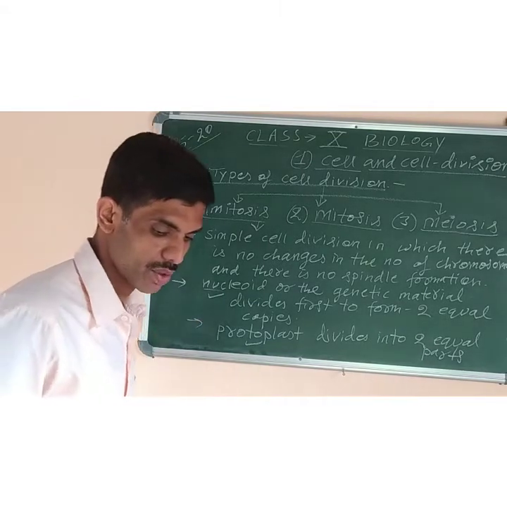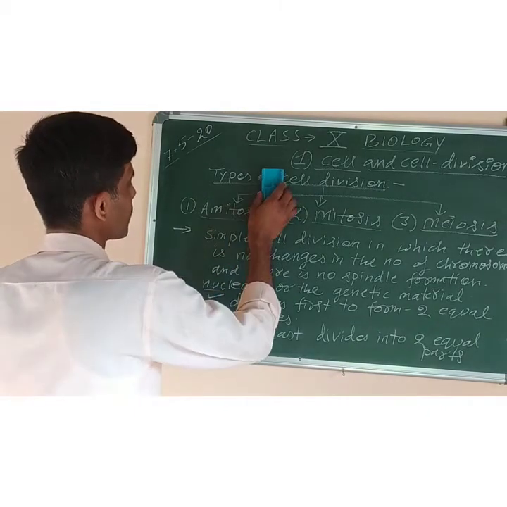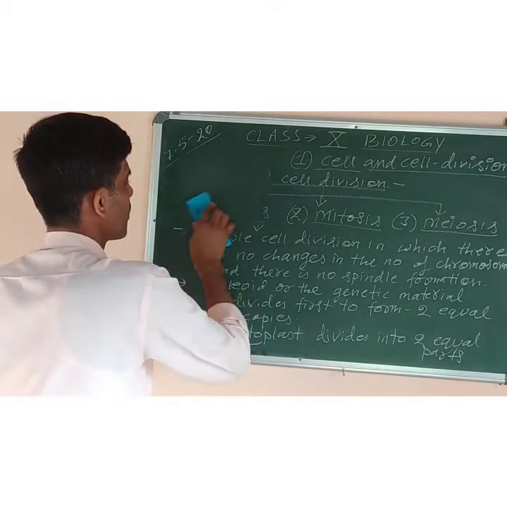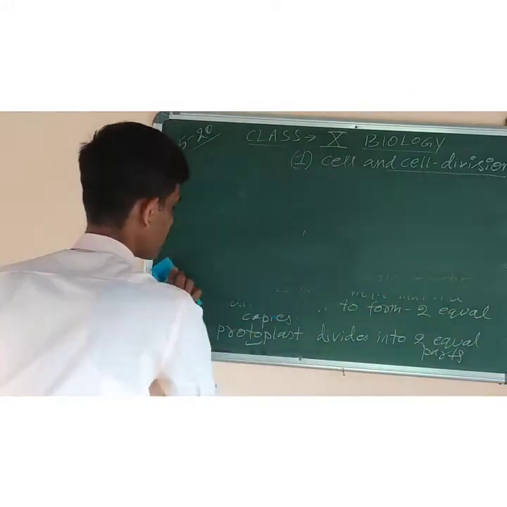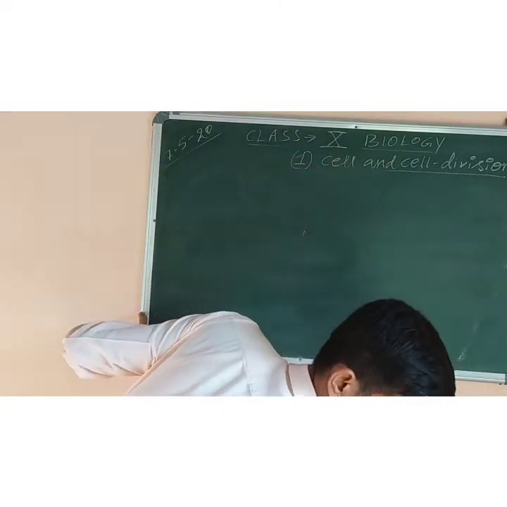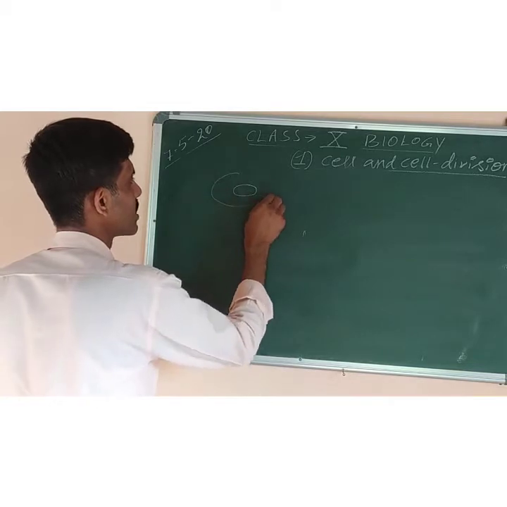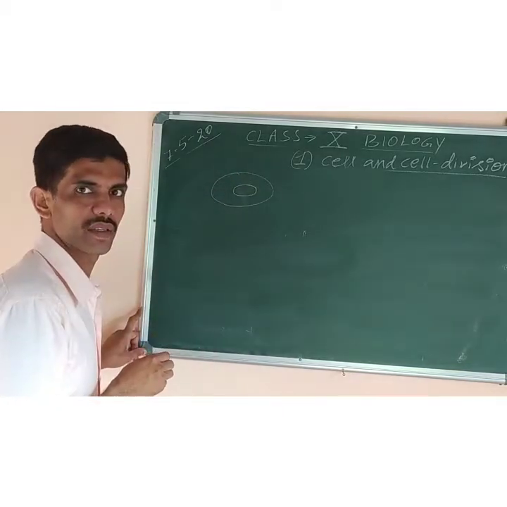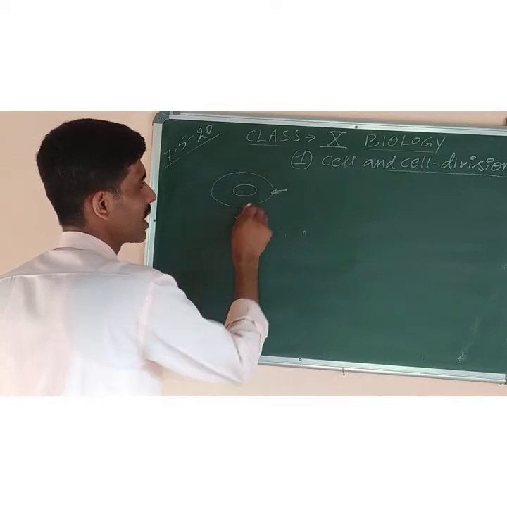So I will try to draw a simple diagram to explain this amitosis. It is a simple type of cell division. Now look at this diagram. Suppose this one is a simple cell, this is a nucleus. First of all, this is the cell membrane.